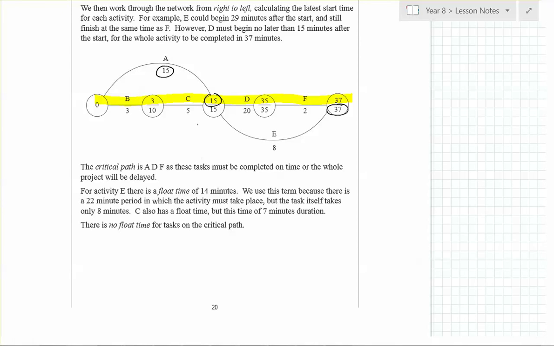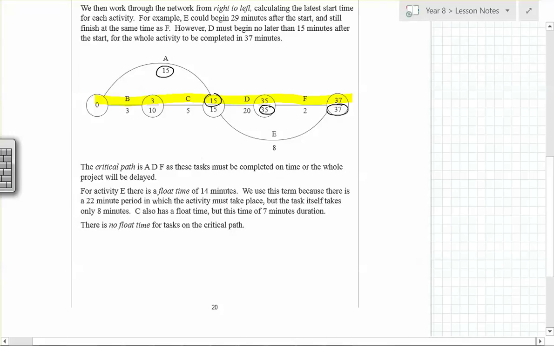What's the float? So we go back the other way and say, right, 37, this takes 2 minutes. So this is still 35. Okay, this is still 35. Has to be done by 35 minutes for the next phase to happen to finish by 37. Has to. There's no other option. Okay?